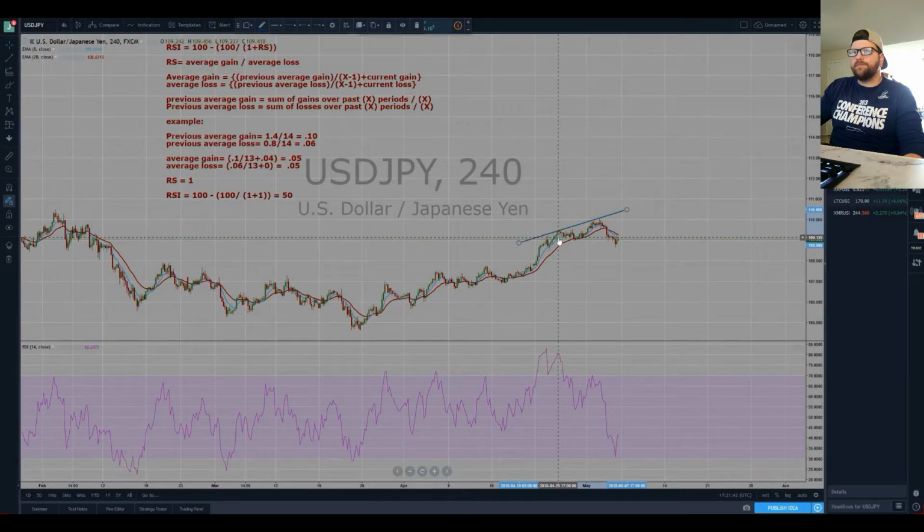The next high is this bullish candle right here, which you'll see is the next high in RSI, but it is lower than the previous high on the RSI. That's showing divergence. And what I mean by divergence is we're seeing higher highs on the chart, but we're seeing lower highs on the RSI. That's showing us that the strength of this pair, even though price is continuing to go up, the strength of this pair is going down.